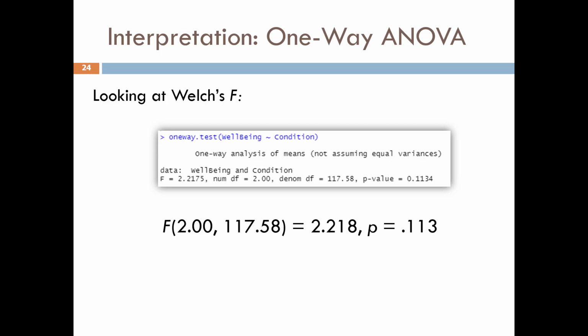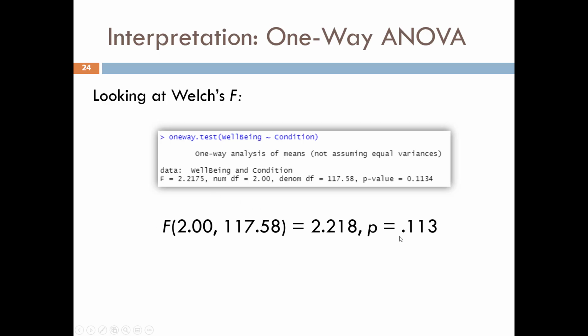Now what happens when you have Welch's F? In this case, all the information you need to write up your F-statistic in APA style is given to you in one row with pretty easy to understand information. And so this is all what you would convert and write up in the same style as before, except that the F-statistic has decimals in the degrees of freedom because of the Welch's correction.